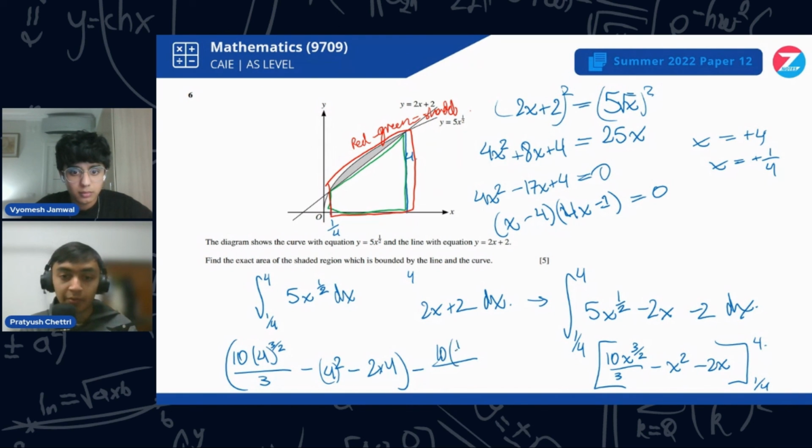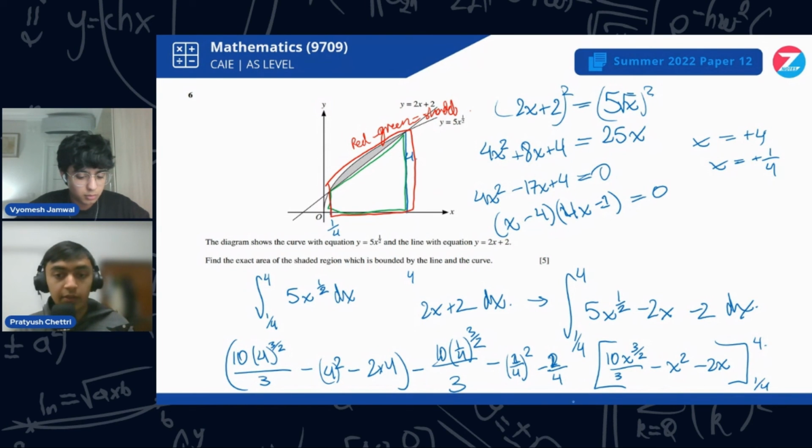10 by 3 times 1 by 4 to the power 3 by 2, minus 1 by 4 squared minus 2 by 4, and whole bracket.